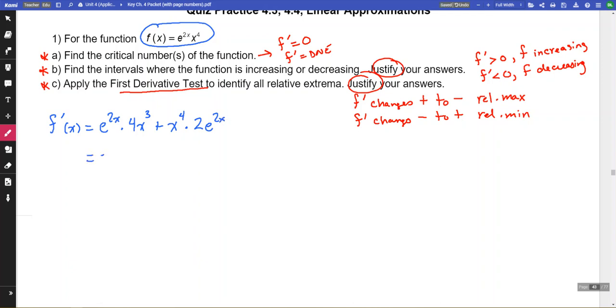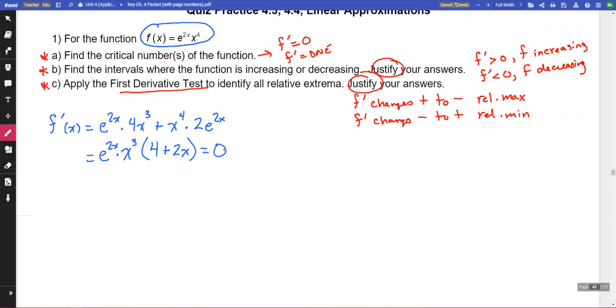If I factor e to the 2x and an x cubed out of both of these, I'm left with 4 plus 2x.